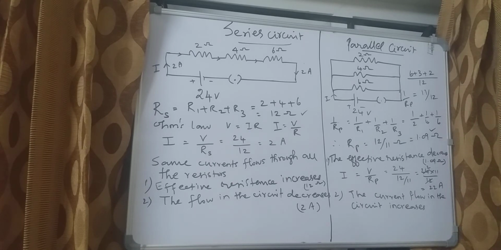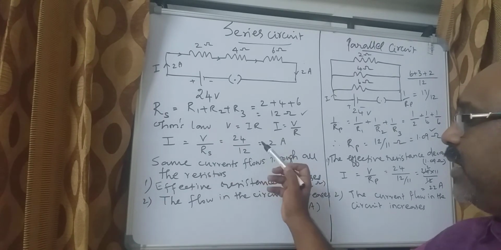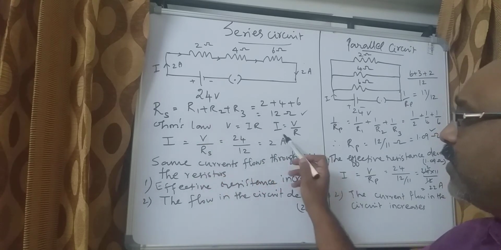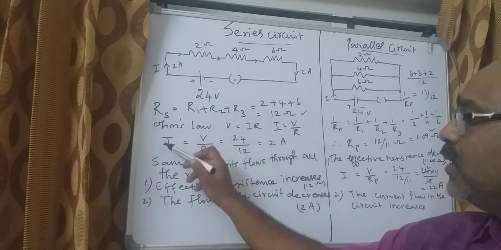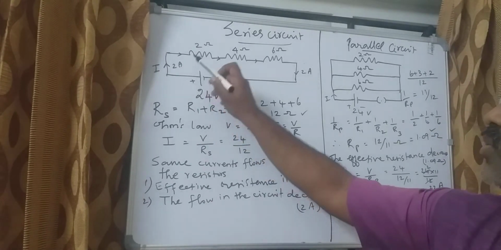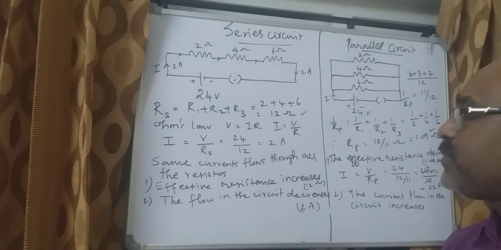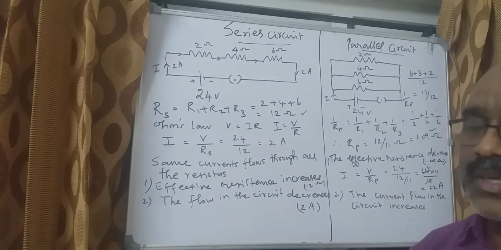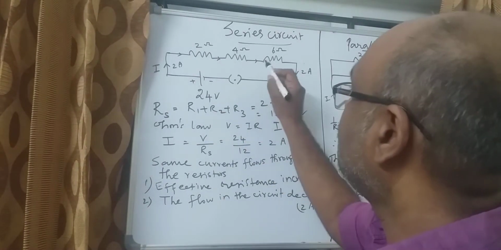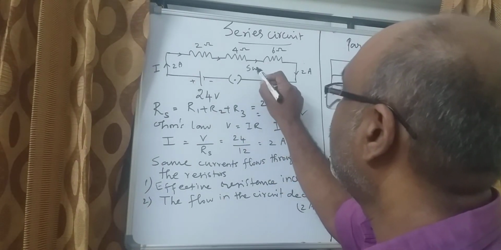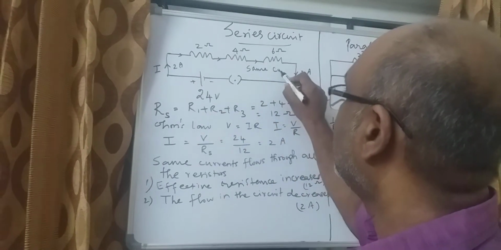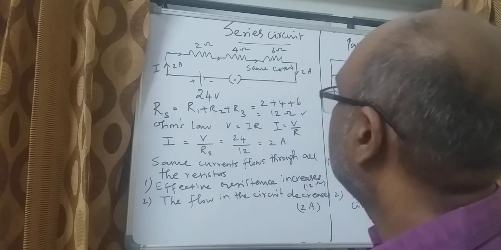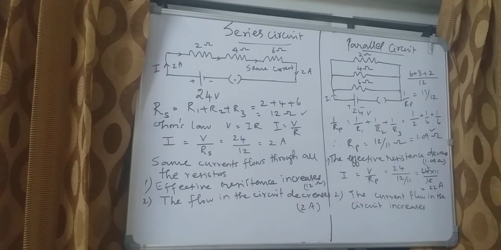And we have also analyzed that we have found the current which is passing through the circuit. The current that flows through this series circuit is 2 ampere, which flows through all the resistors. So, the same current will be flowing in the circuit.